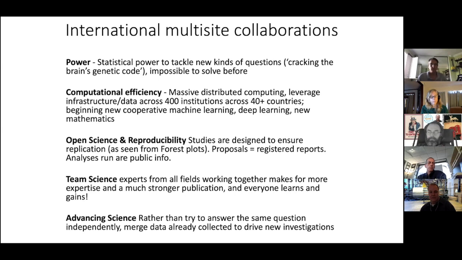It will increase power, because right now, if we're doing a mega analysis, we can only have half of the sites. So if we wanted to do a machine learning analysis, we'd only have half of the data that we could be using. Through this federated analysis approach, we could include all the different sites.